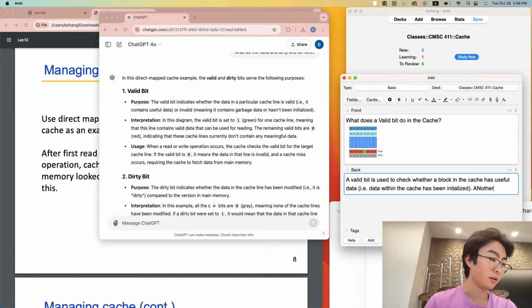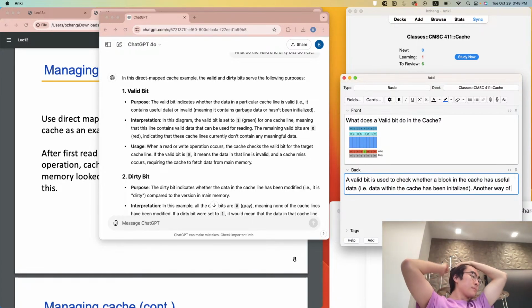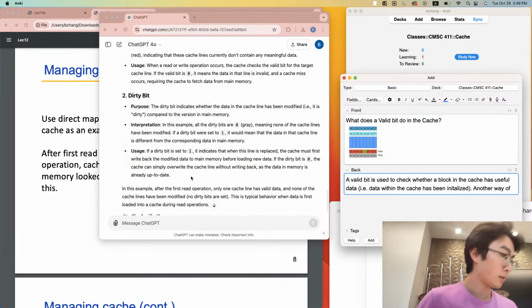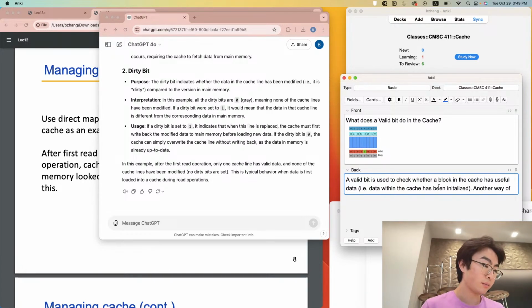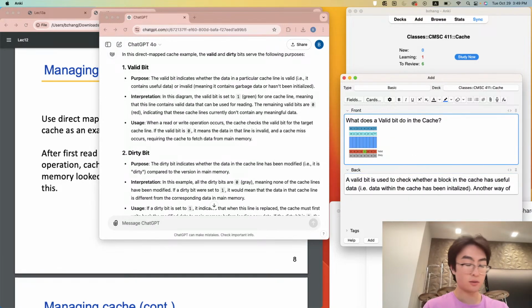So, another way. Okay, maybe. So describe what is going on.